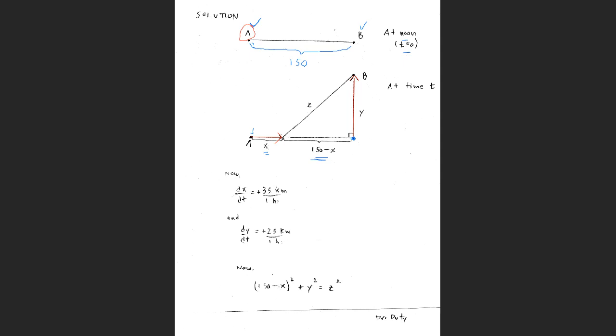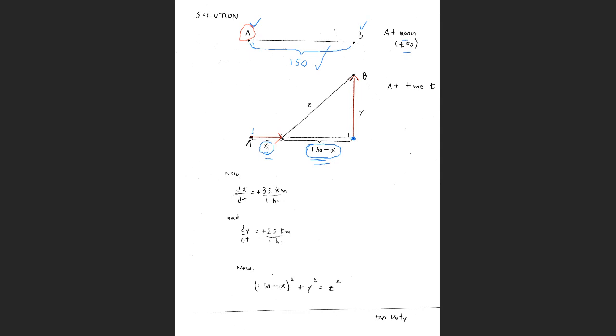Notice that x plus 150 minus x adds up to 150. If I have an x here, then the remaining distance would be 150 minus x, because x plus 150 minus x equals 150.